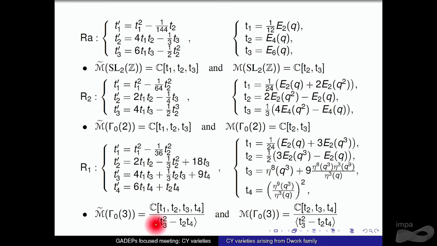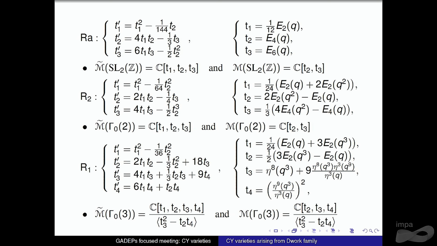The reason I wrote it in this form is that we have a relation between T3, T2, and T4, so we need to divide by this ideal, or consider the quotient by this ideal. So another property in common is that all of them have solutions that are modular or rather quasi-modular forms.